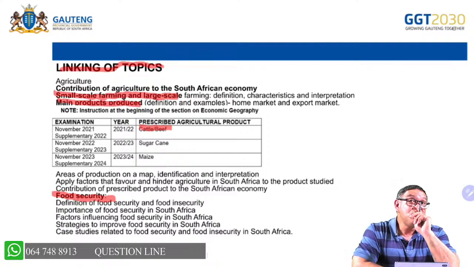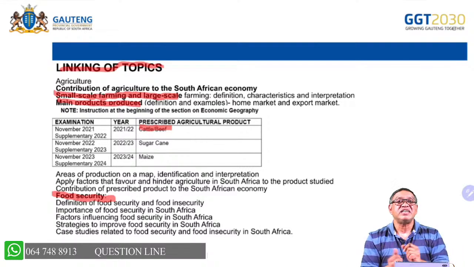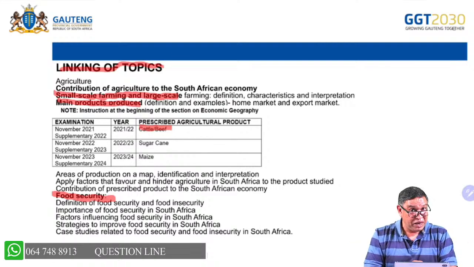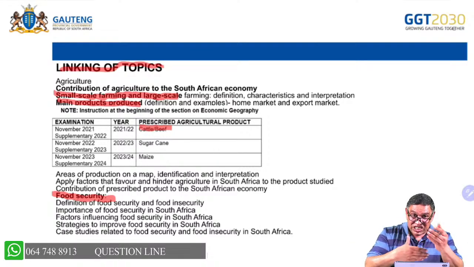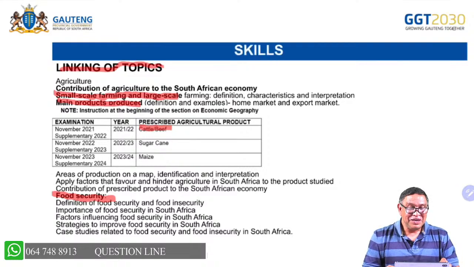Now, if you just study them in isolation, you may come across some challenges. Try to link your sections, all right? Because it can get tested. If you looked at past papers, you'll see there's testing where it's linked, all right? I'm going to give you an example of this, okay?